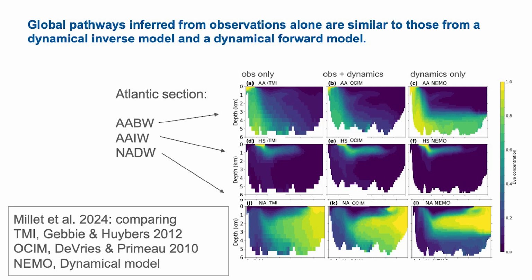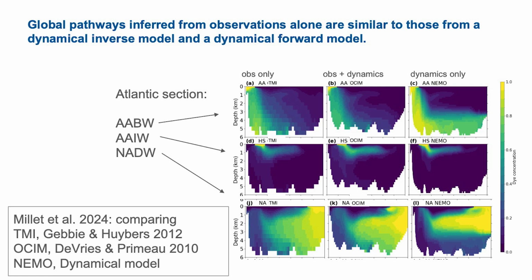The left-hand column is the observations-only, extended water mass decomposition method. The center column is the OCIM, De Vries and Primeau. And the far right-hand column is a NEMO dynamical model. Looking at how much Antarctic bottom water, Antarctic intermediate water, and North Atlantic deep water are there, we see similar pathways. If you take a closer look, you'll see that the observation-only method appears to be a little bit more diffuse than the other ones.